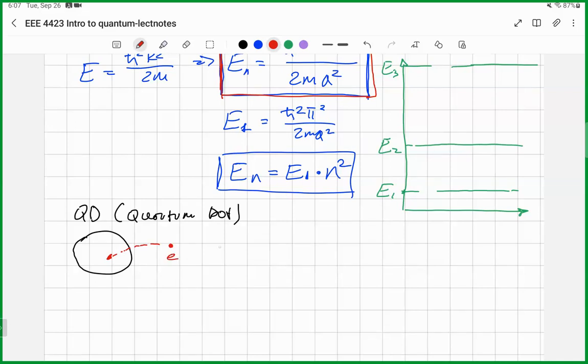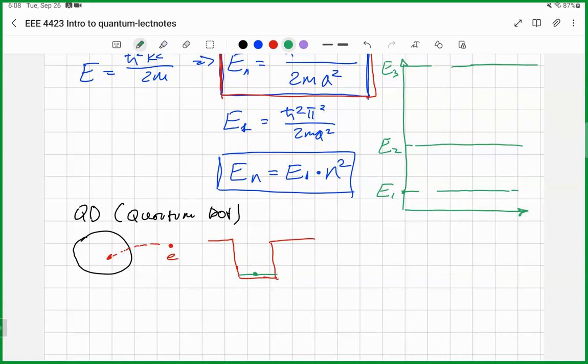So in reality it will be a potential like this. And of course in the steady state, this electron will be somewhere close to the very first allowed quantum state.